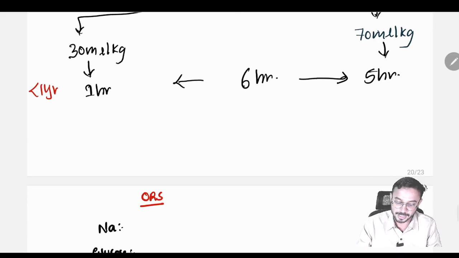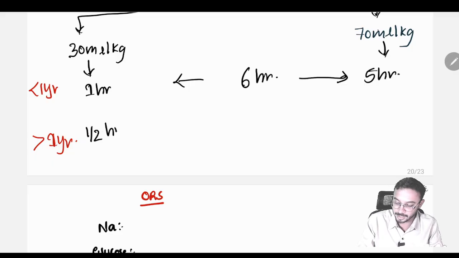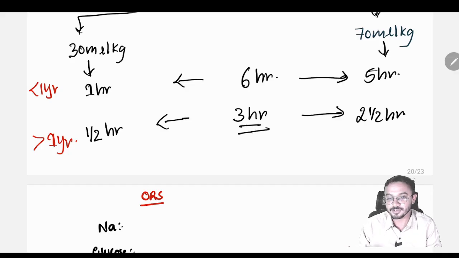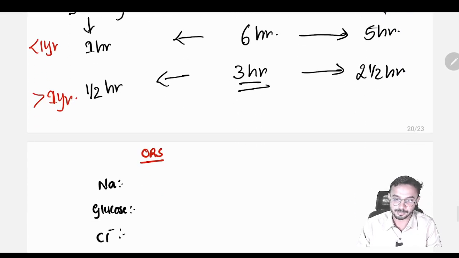If the child's age is greater than 1 year, then what you are going to do? This 30 ml you should give in half an hour, and the remaining 70 you are going to give in 2.5 hours. So totally you should complete in 3 hours. Very important in severe dehydration.